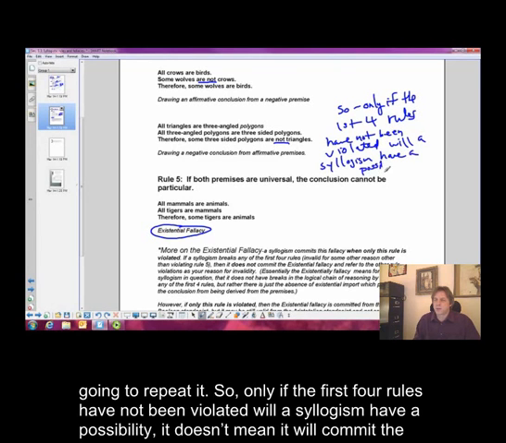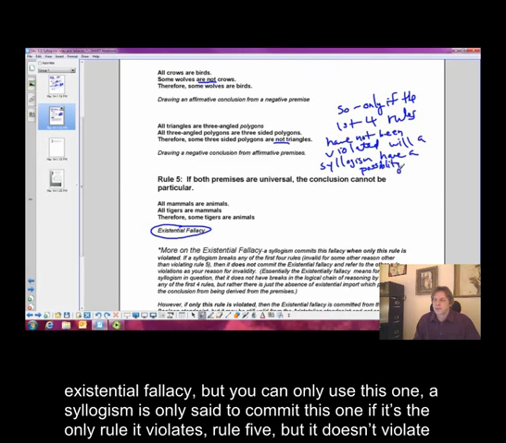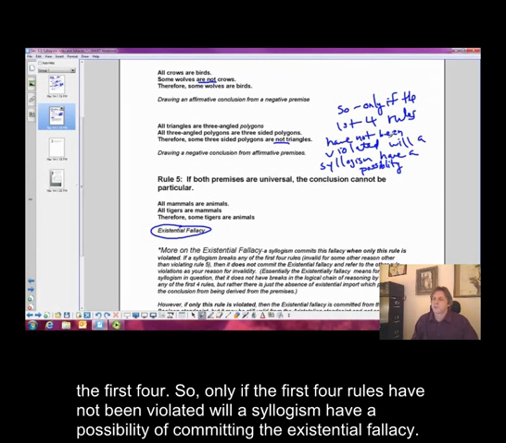It doesn't mean it will commit the existential fallacy, but you can only use this one. A syllogism is only said to commit this one if it's the only rule it violates, rule 5, but it doesn't violate the first 4.